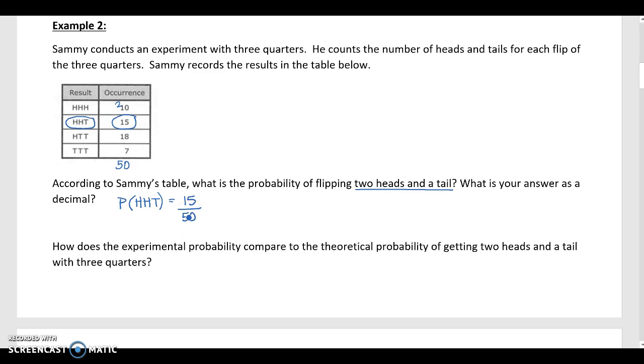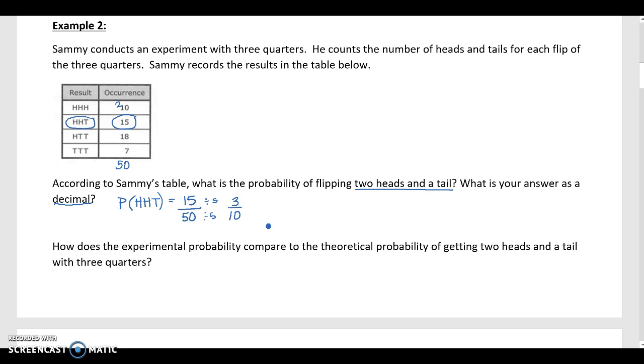And they want our answer in decimal form. So to get decimal form, we can either simplify and then do top and bottom out. So let me show you that. I know I can divide it by 5, divide by 5. I get 3 over 10.